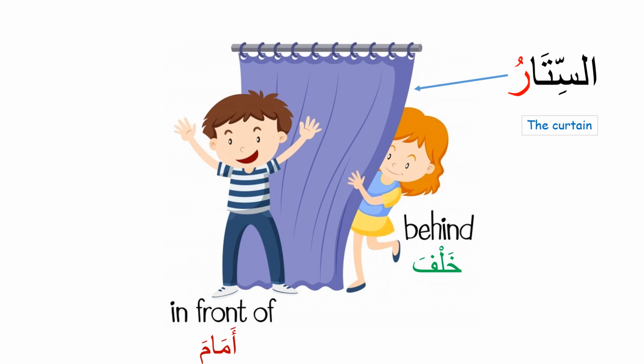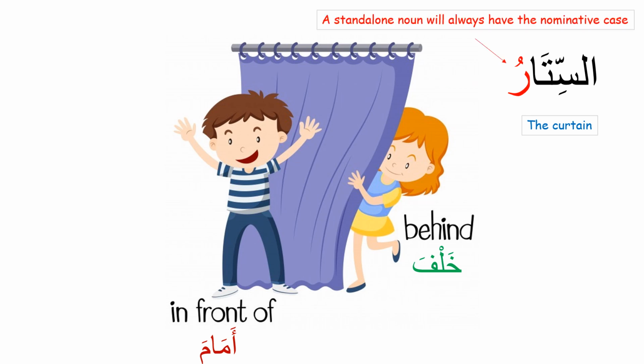Well, simply because we are talking about a specific table and a specific curtain, so we cannot use the indefinite form. So again, the curtain is called الستار. Please note the nominative case, i.e. the last letter is in conjunction with a ضمة.